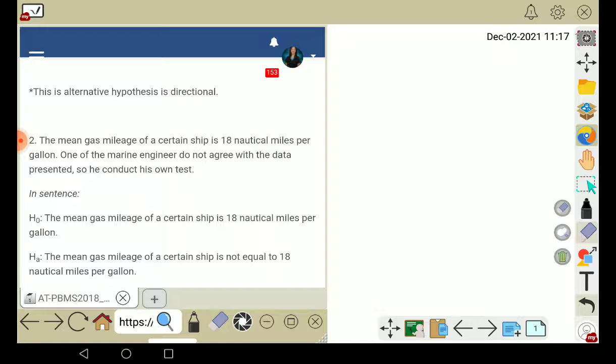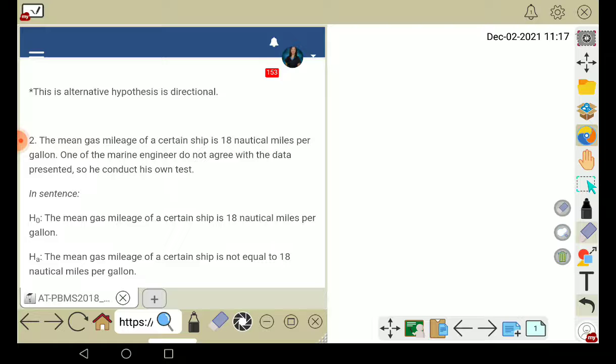For your alternative, as you can see, the marine engineer does not agree. So it does not specify that the marine engineer thinks that it decreases or increases, greater than or less than. So that only means that we do not know which direction the marine engineer is going to.